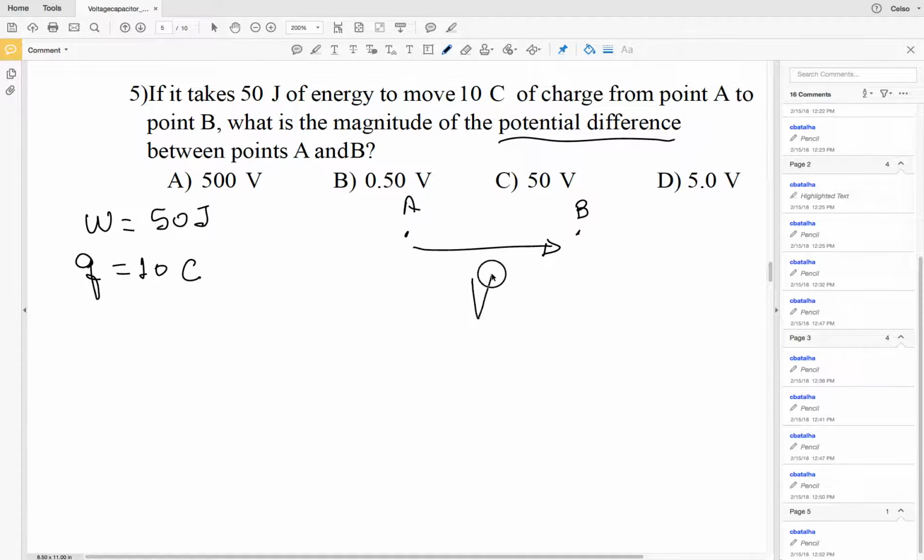V. So we want to find V_AB. This is what we want to look for. V is the amount of energy transferred to this charge, so the charge can be accelerated, divided by its unit of charge, and then you can get your problem solved.